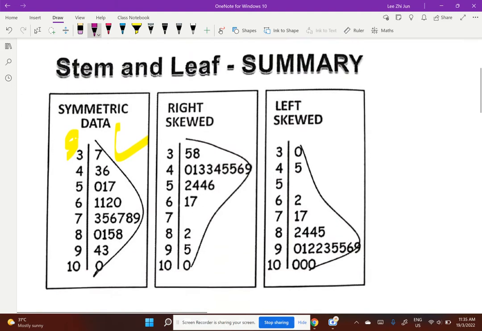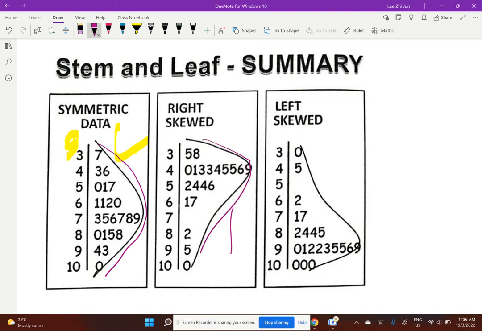Here is the example. For symmetric data, you can see the distribution is uniform. Right skewed is because all the data goes to the right, and left skewed is because all the data goes to the left.